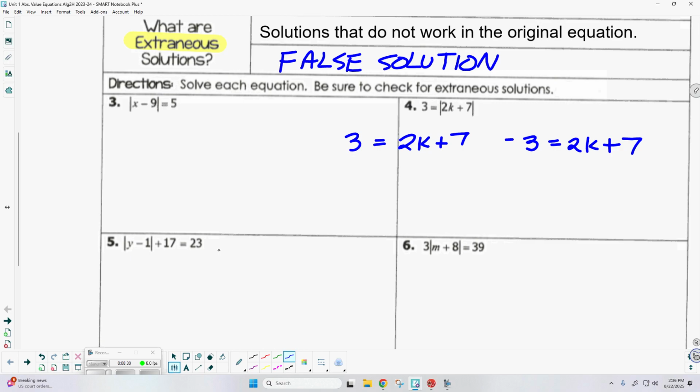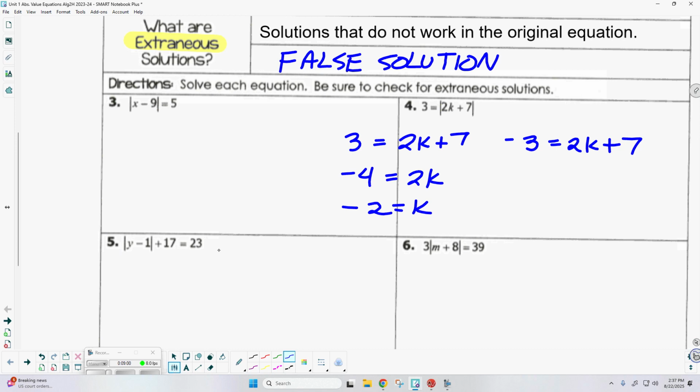How do I get rid of the 7? Okay, subtract it. So 3 minus 7 is a negative 4, is equal to 2k. If I divide by 2, what is my first solution? Okay, negative 2. So that's my first possible solution. Okay. Now we do the same thing for the other one.